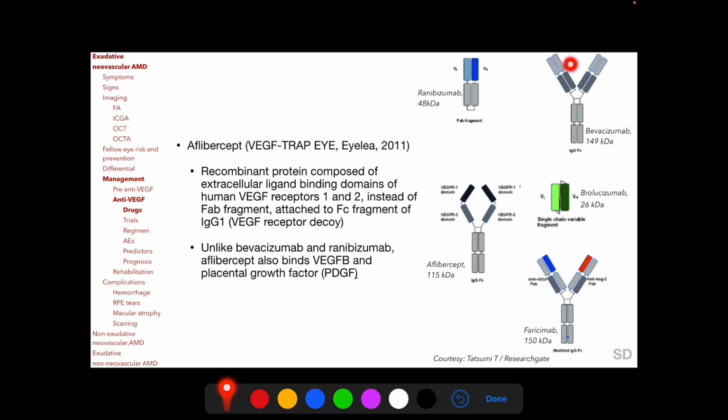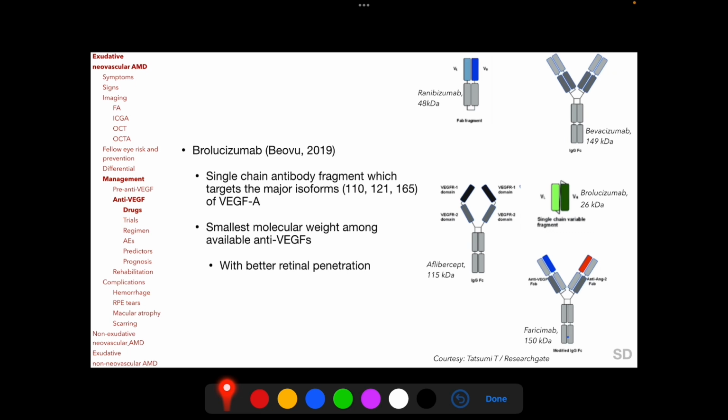Instead of these two Fab fragments, aflibercept contains the extracellular ligand binding domains of human VEGF receptor 1 and human VEGF receptor 2. And since it contains VEGF receptor 1 in addition to VEGF receptor 2, aflibercept binds to VEGF-A as well as VEGF-B and placental growth factor, which, as we have discussed, also contribute to angiogenesis through VEGF receptor 1.